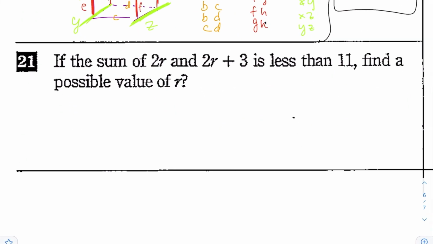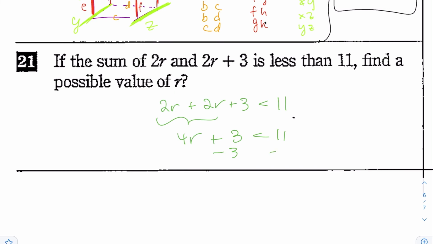Next, for number 21, if the sum of 2r and 2r plus 3 is less than 11, find the possible value for r. So here, the sum of these two will be 4r plus 3, and it's less than 11.